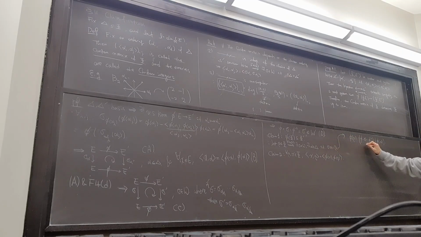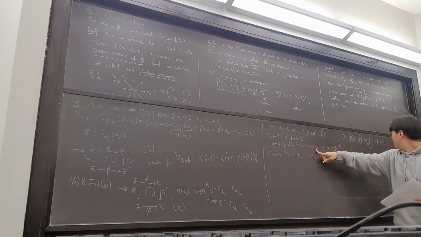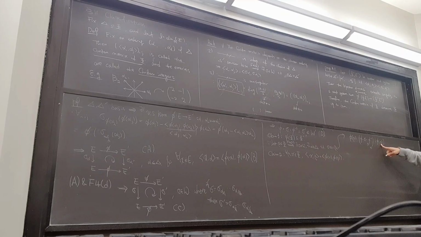By D, this is an element of the Weyl group, and α is just an element of the base, so π(α) is an element of Δ'. So this is included in Φ'. That is why this is in Φ'.